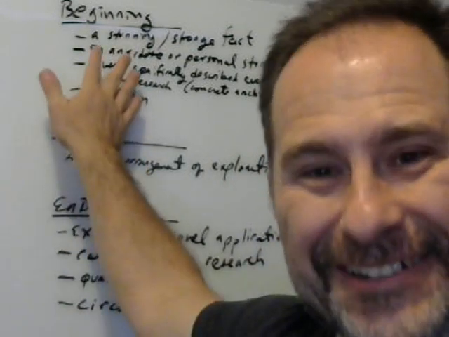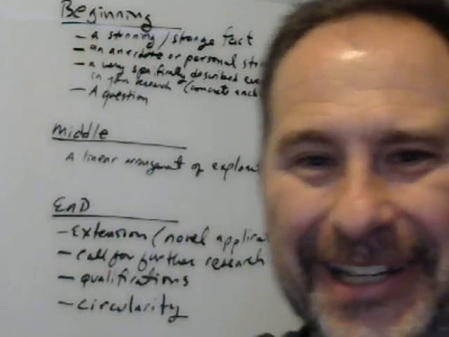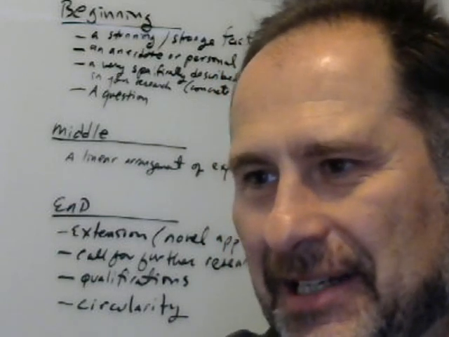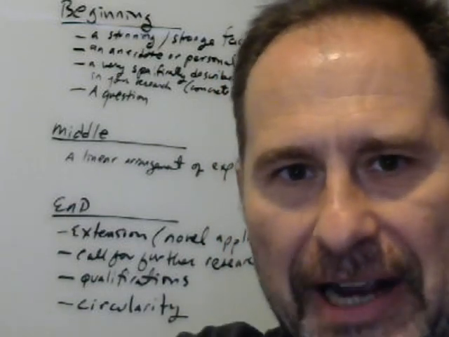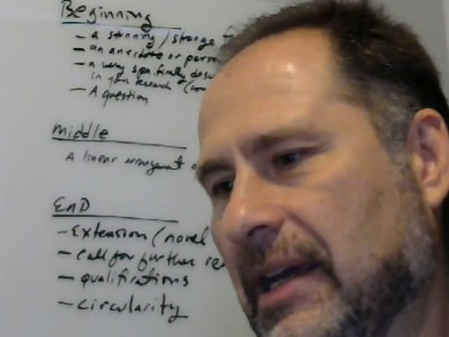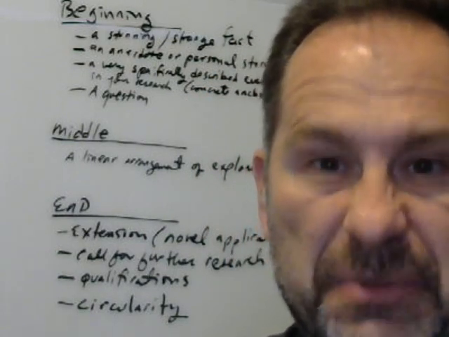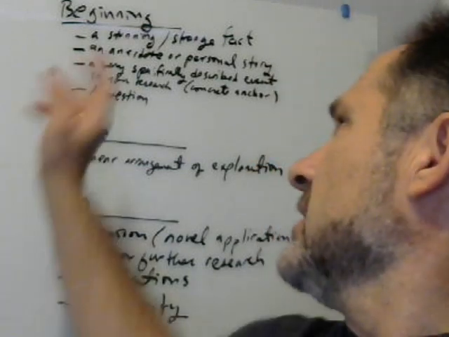You can certainly use it to open your essay, because no one expects you to present a piece of your core evidence right there at the beginning. That's probably one of the better places for an anecdote and personal experience. So maybe that's a way you can start.